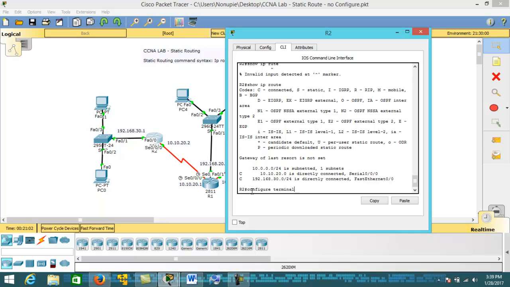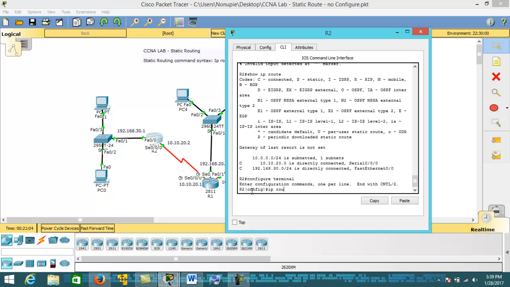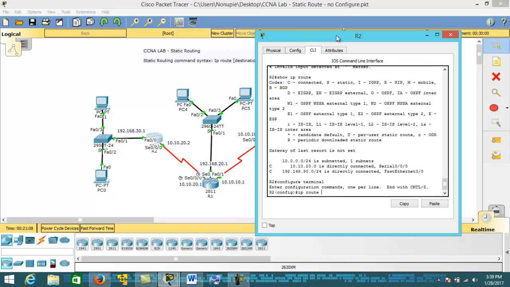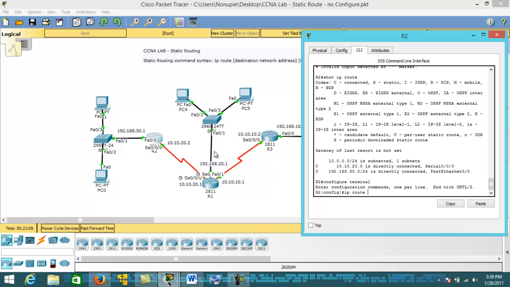Configure terminal. ip route, and then the destination network address. First I am choosing this destination network address, that is 192.168.20.0, and its subnet mask, that is 255.255.255.0, and then the next hop address.